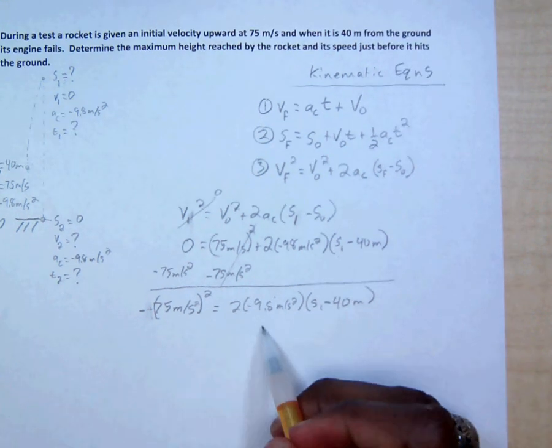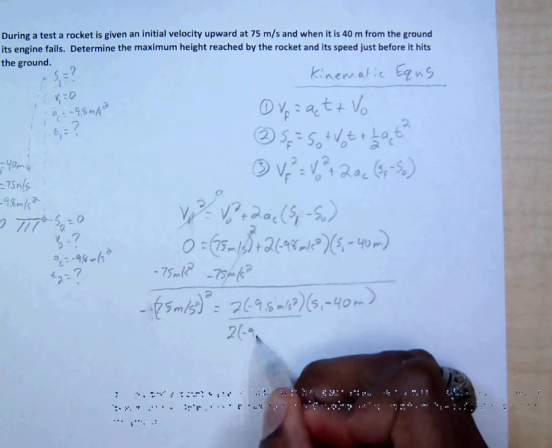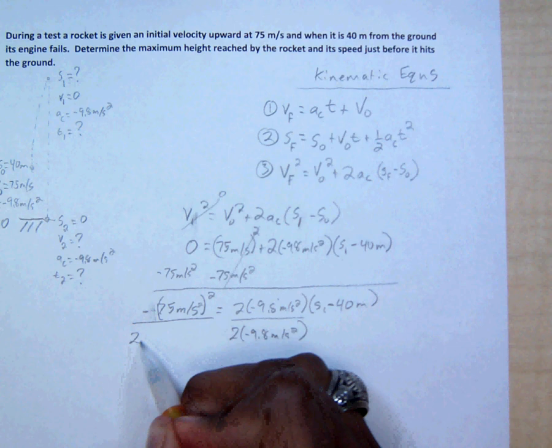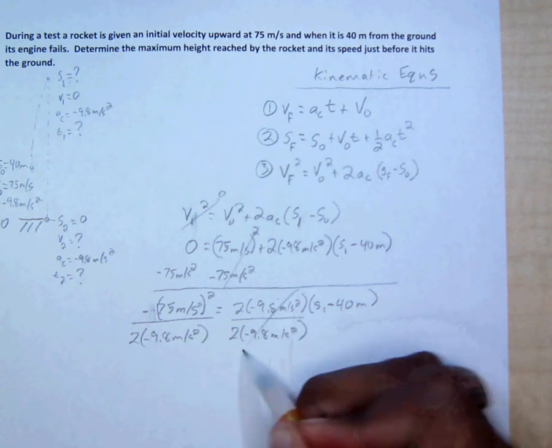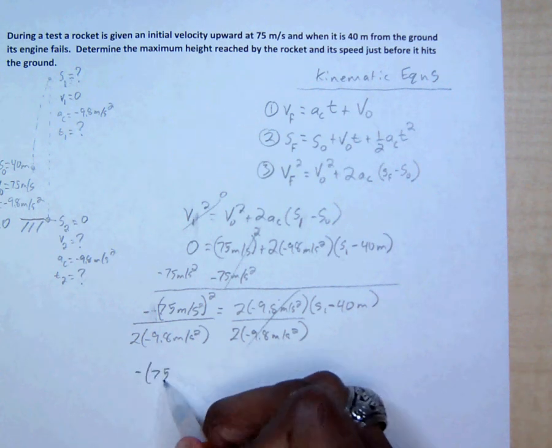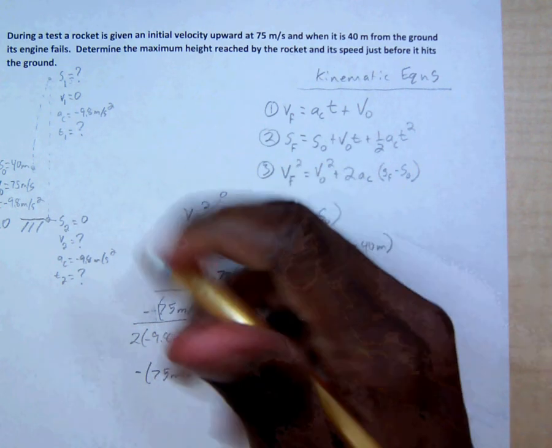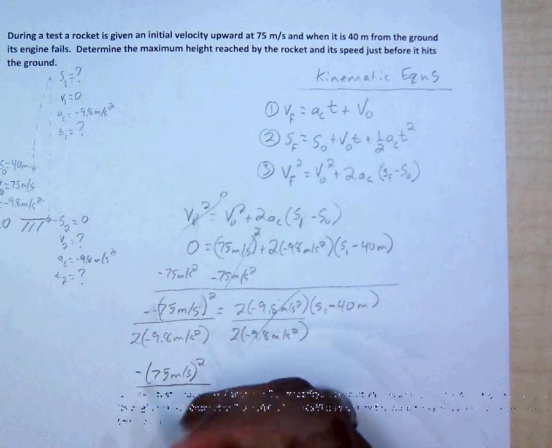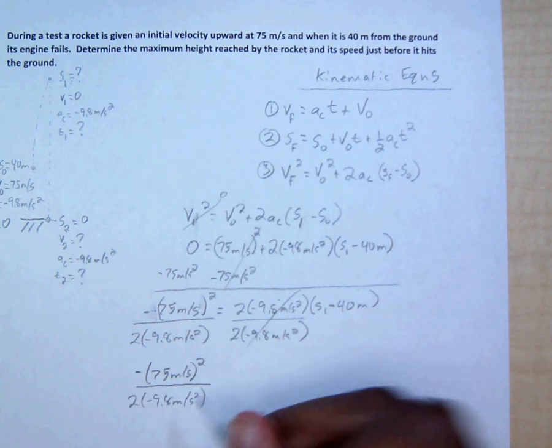Now, from this point, I'm going to divide both sides by 2 times negative 9.8 meters per second squared. Now, when I do that, I end up having negative 75 meters per second, and that's a velocity, the whole thing is squared, over 2 times negative 9.8 meters per second squared.